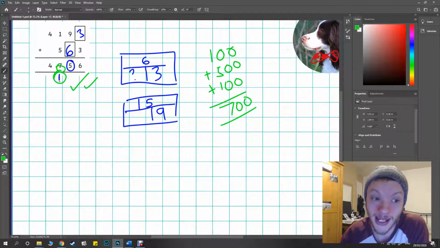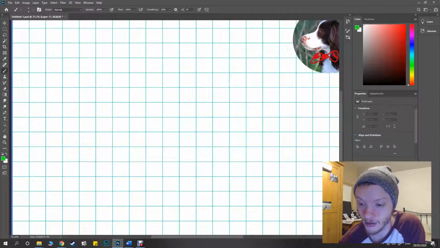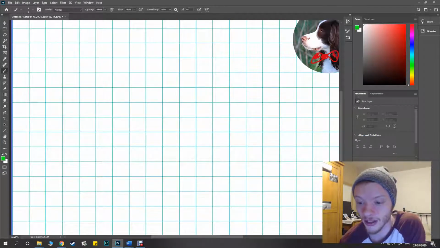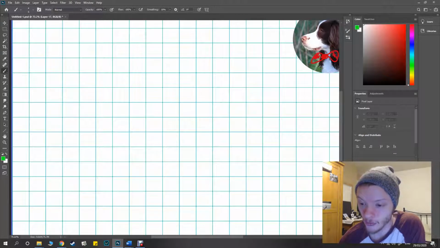So part of the thinking here on some of these questions is I might have to add in the carrying digit. In the first question, if I flip back to that one, we didn't have to do that, it was provided for us, but some of these questions you need to keep your eyes peeled and your brains ticking on what it could be. Okay, let's have a quick look at the third one.